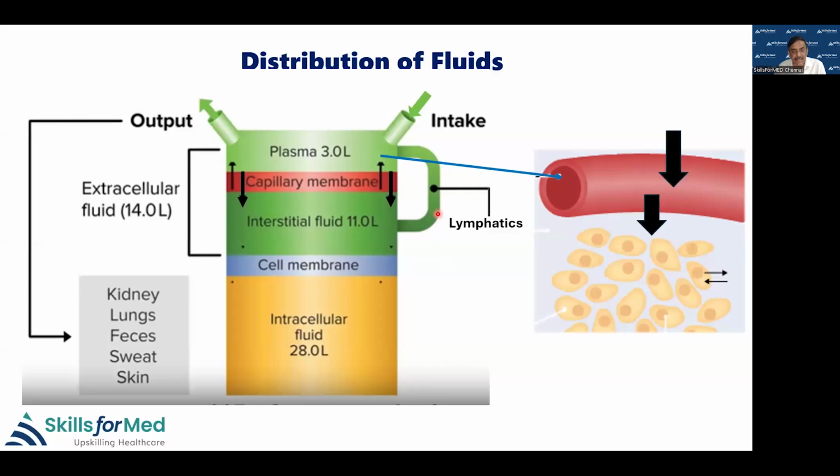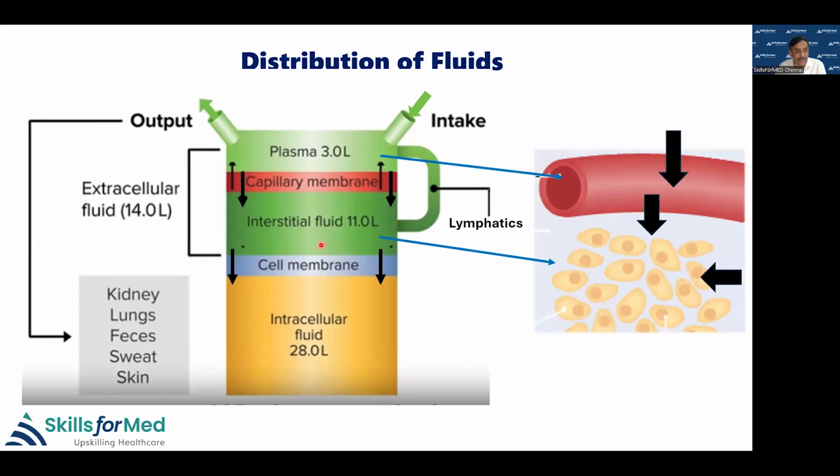And then there is the lymphatic system, which drains interstitial fluid back to the blood vessels. From the interstitial fluid, it enters into the cell membrane, and that is this exchange. This is how the intake happens. From the time you give it either IV or oral, it ultimately has to enter inside the cells.